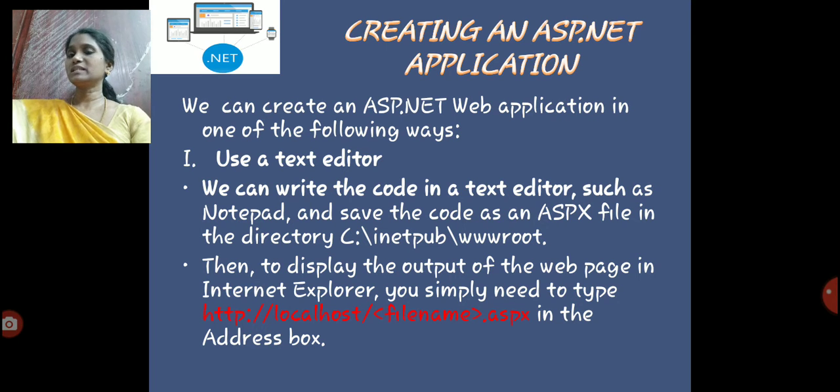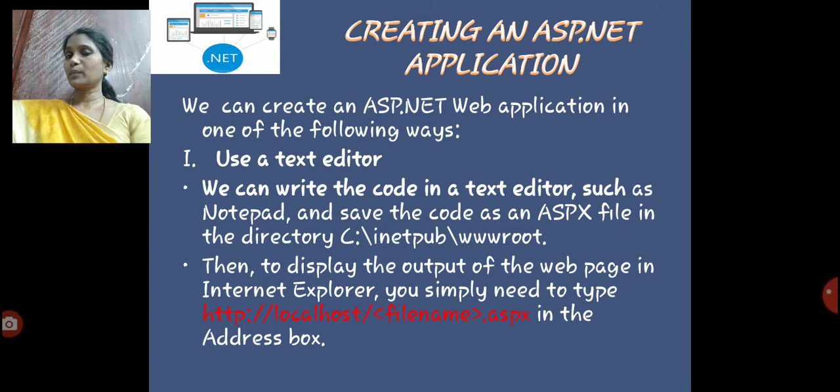That should be saved in the directory C:\inetpub\wwwroot. This is the path where it should be. To display the output of the web page in Internet Explorer or any browser, we have to type http://localhost/filename.aspx.